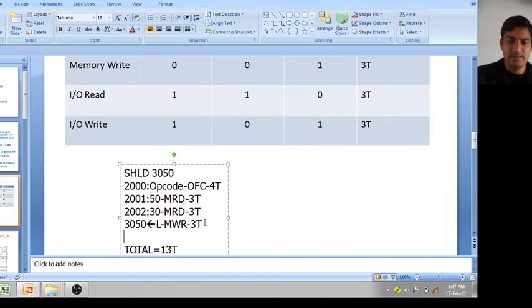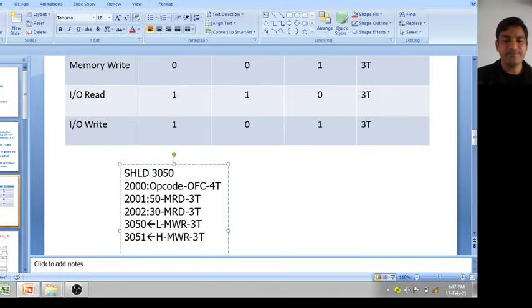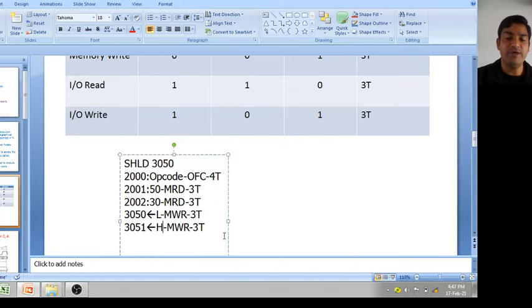Then the contents of H are going into 3051, so again memory write.